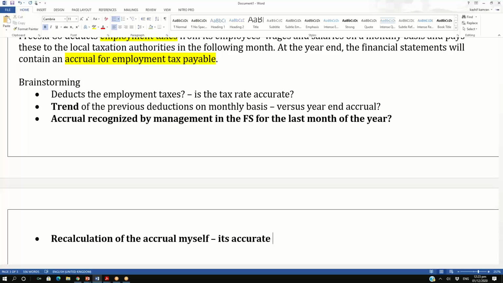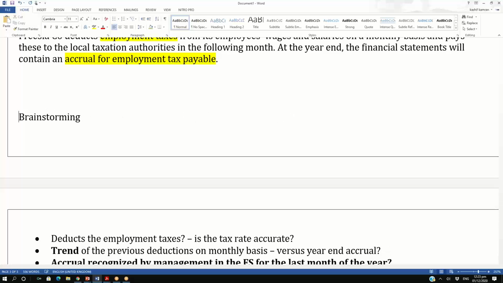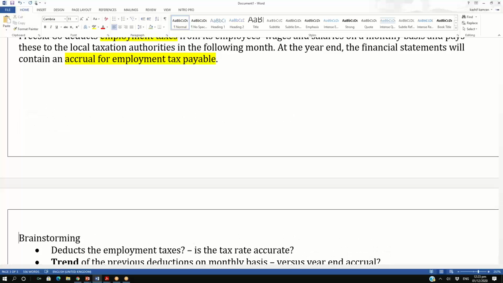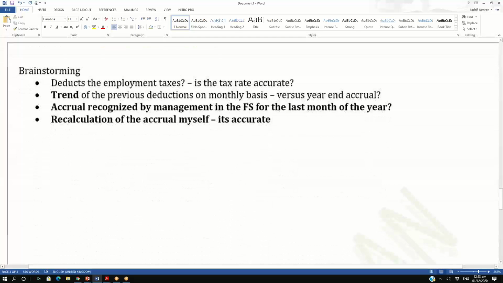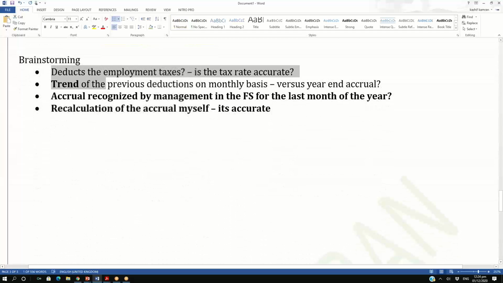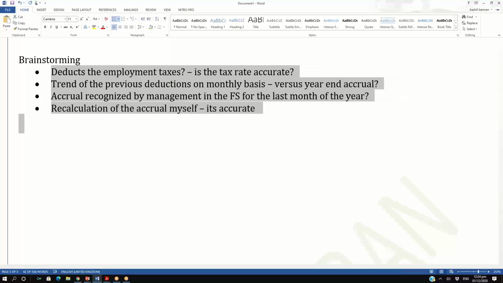So whenever you are writing procedures, first please have a brainstorming, because the brainstorming can help you think about some points which can later be converted into writing very good procedures. Now, if I look at my questions, I would be concerned about the accuracy of the tax rate. I would be concerned about the comparison of previous months' accruals, just to ensure that the year-end accrual in December is the same as the previous month.